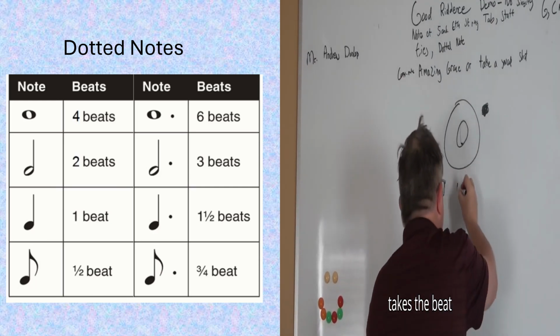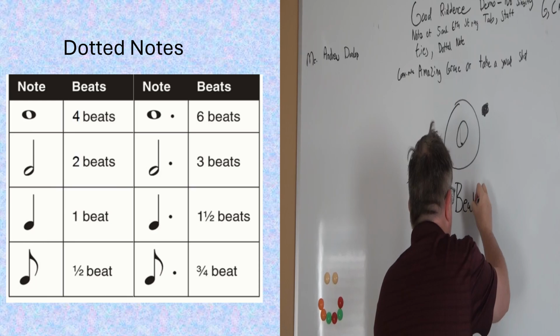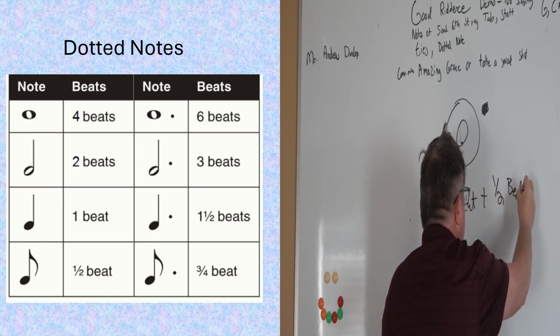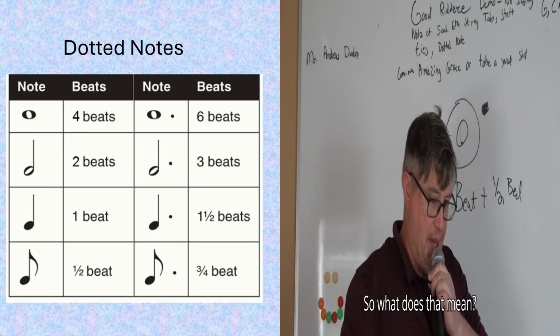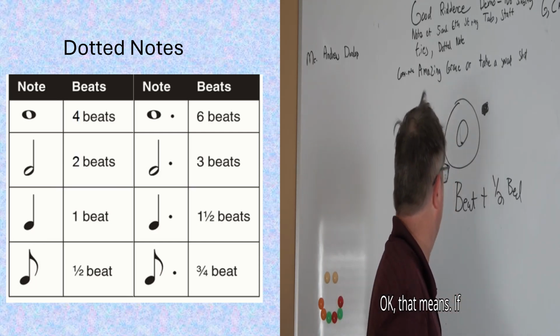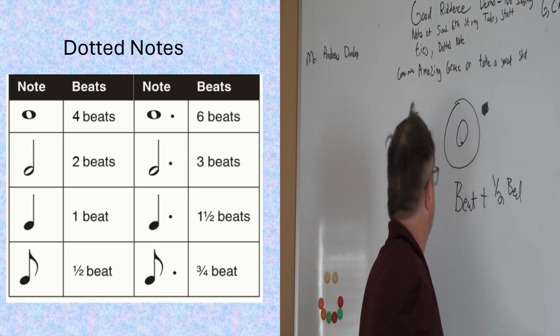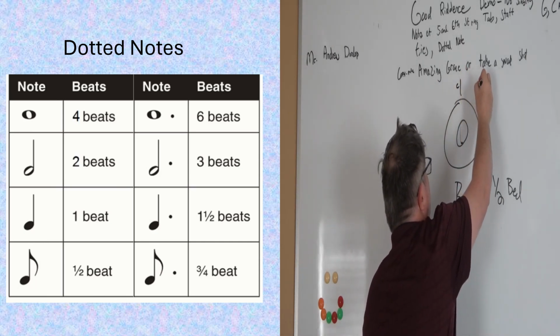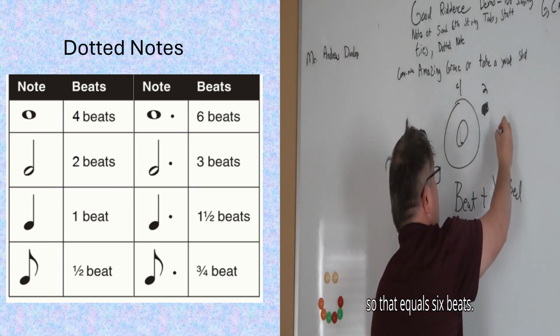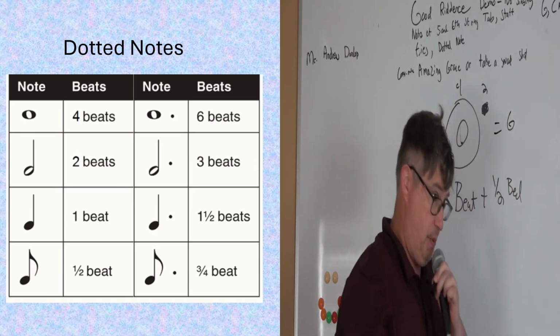So what does that mean? That means if this is 4 beats, this is 2 beats. So that equals 6 beats.